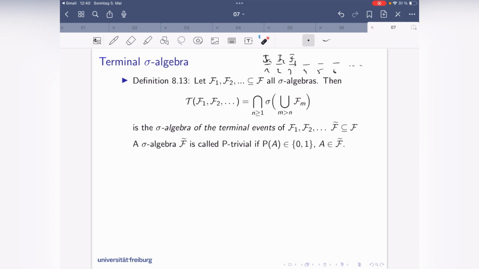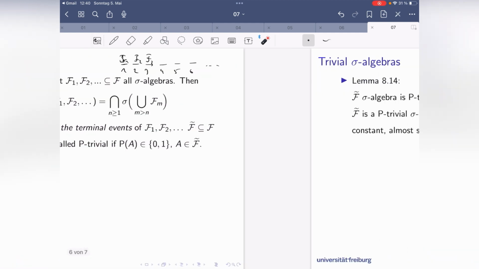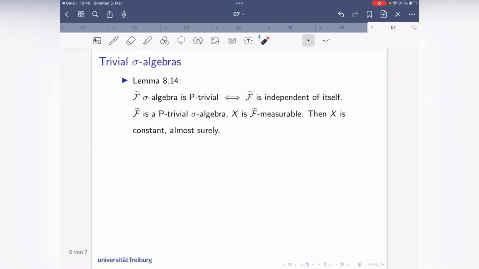And let's first look at these trivial sigma algebras because there's a nice lemma. A sigma algebra is P-trivial if and only if it's independent of itself, which sounds a bit weird, but there's a clear definition. Independent of itself means that the product formula holds, as is usually the case for independence.